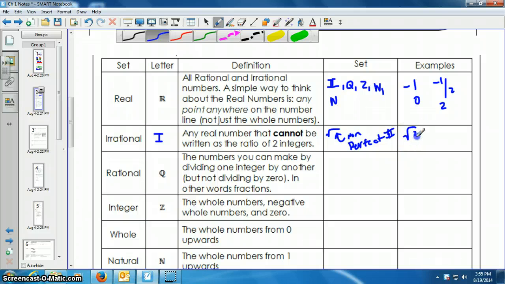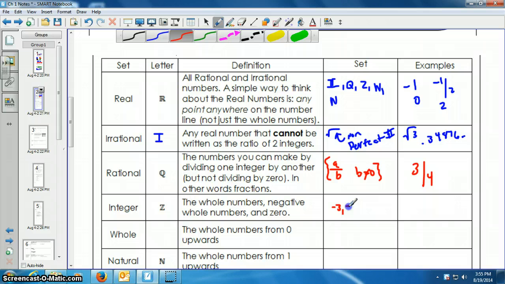So square root of 3, or 0.34876 going on. Rational would be our fraction, our a over b, and b cannot be 0 because you can't divide by 0. So some examples: 3/4. Rational.